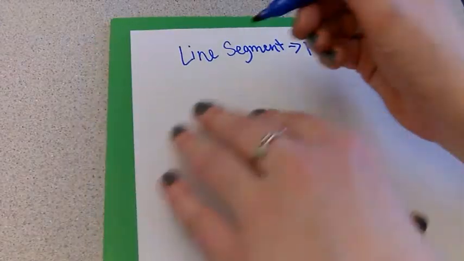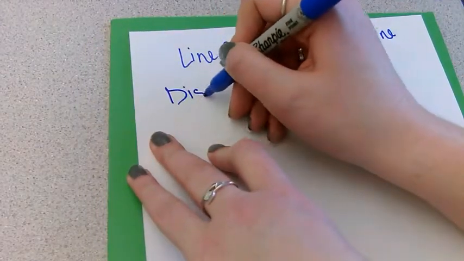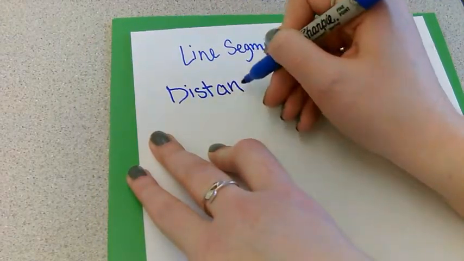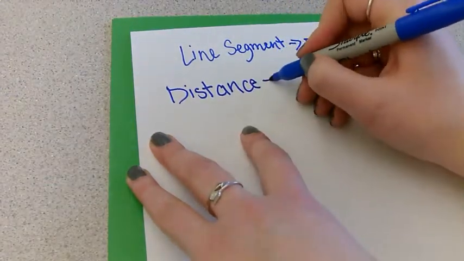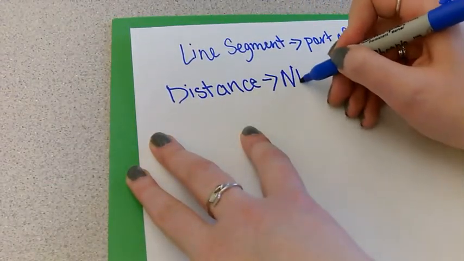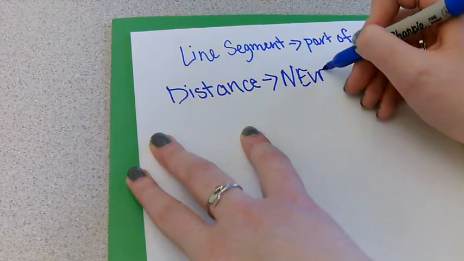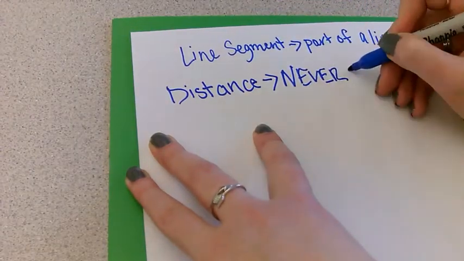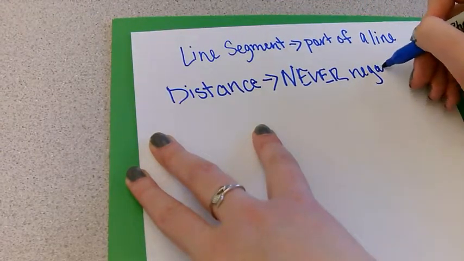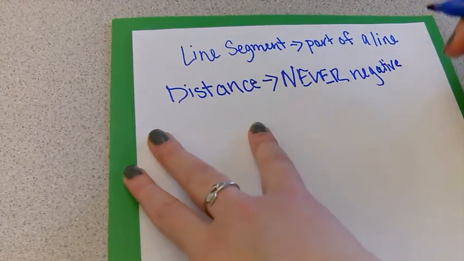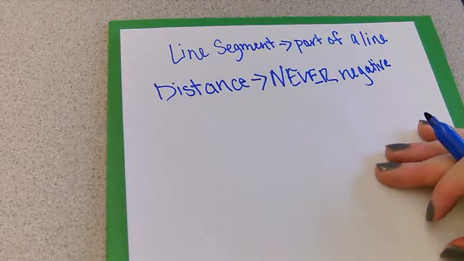And distance is never negative. And that's where absolute value comes in, which we know is the distance from 0.